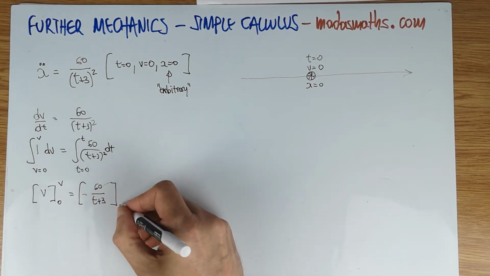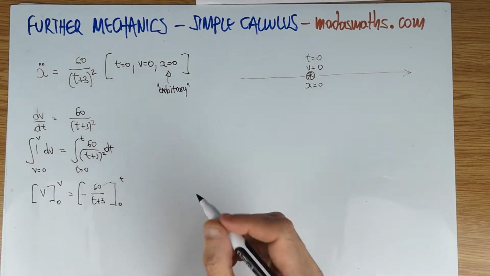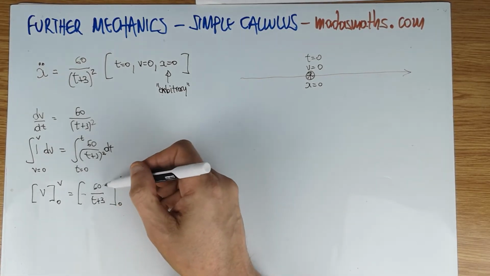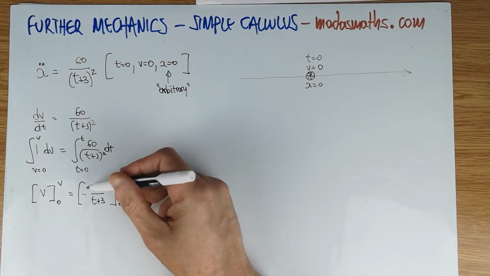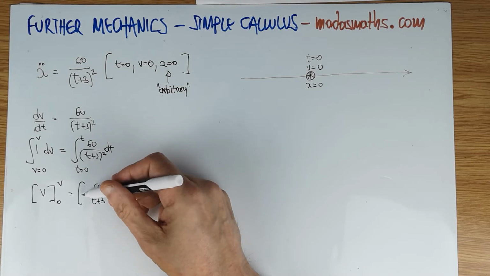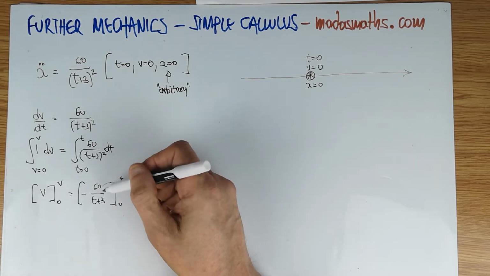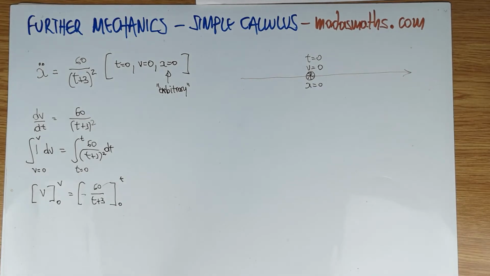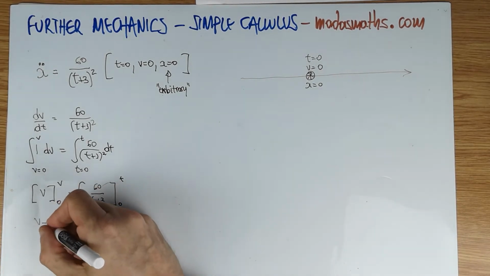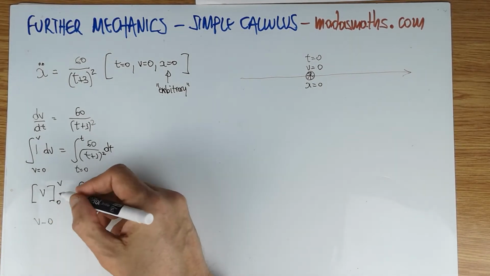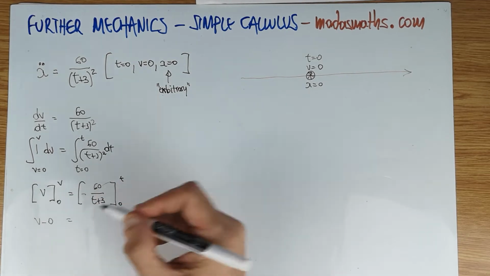Let's double check it before we go to the next line. If I differentiate that, it's to the minus 1. The minus will come to the front. We can make that into a plus, and this will go to the minus 2, which is what I'm saying in there. And of course, this is going to be v minus 0. V for v is v. 0 for v is 0.